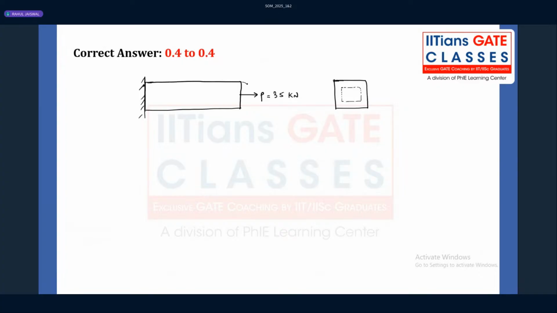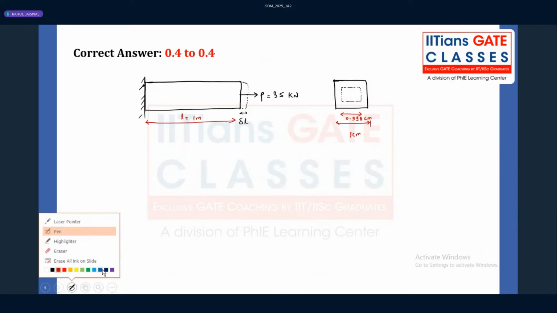It is getting elongated because of the tensile load, but the lateral dimensions are getting decreased. The length of the rod is given as 1 meter. The dimensions are 1 centimeter, and here it is 0.998 centimeter.